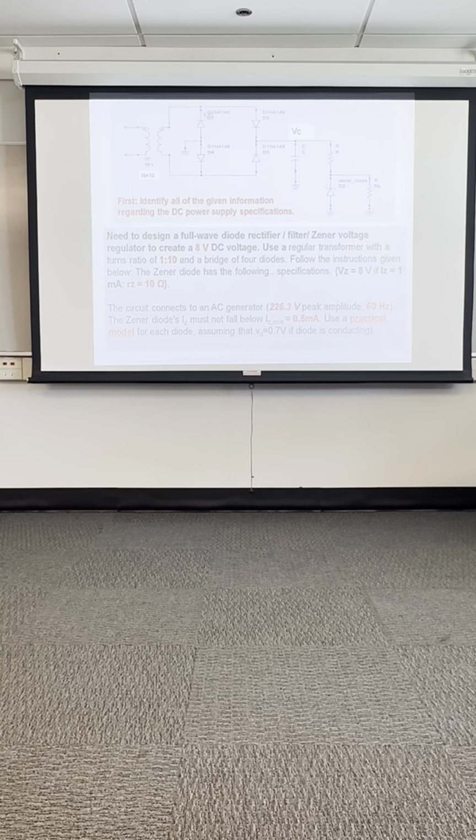So for a circuit like this, let's say we need an 8-volt zener voltage, so we search and we find 8-volt zener diodes. We'll use a regular transformer. This transformer turns ratio is the number of turns between the primary and the secondary. So this is saying this transformer has a 1 to 10. This is 120 volt AC.